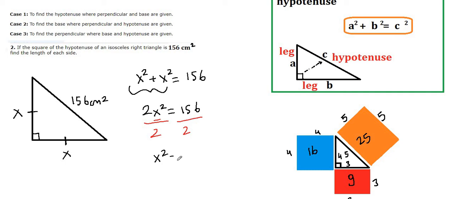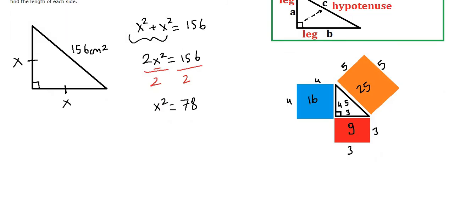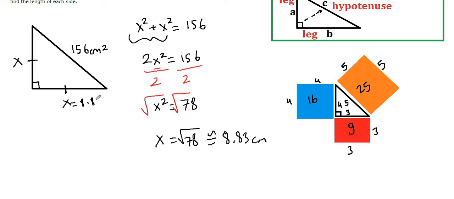So x squared will be equal to 78. Now we're going to solve for x by square rooting on both sides. So x will be equal to the square root of 78, which is approximately 8.83. So the legs are 8.83 centimeters.